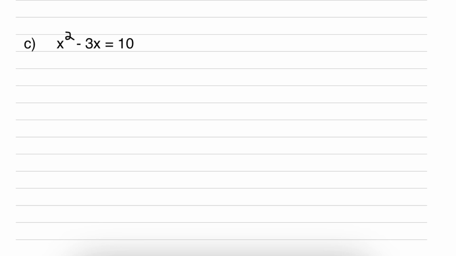Right, now for our third quadratic equation, here we have x squared minus 3x is equal to 10. Right, so the first thing you need to do is subtract 10 on both sides, because you need to have this entire expression equal to 0. Okay, because now when you go ahead and factorize, you will set each bracket equal to 0.